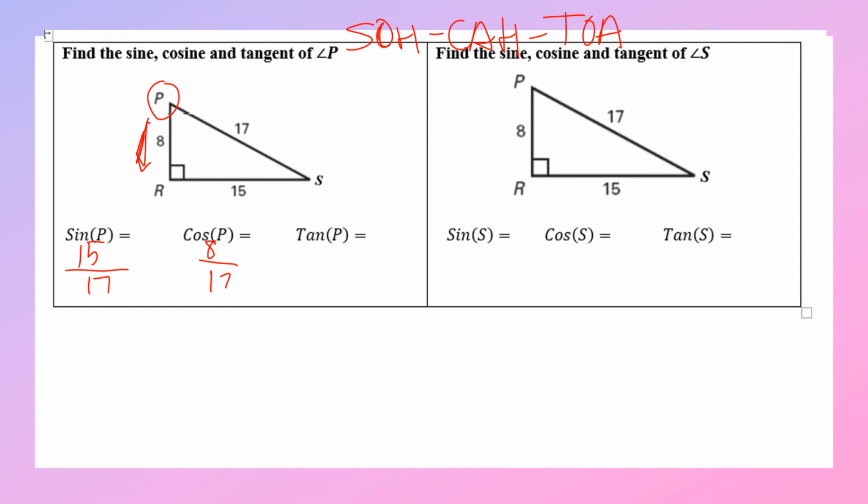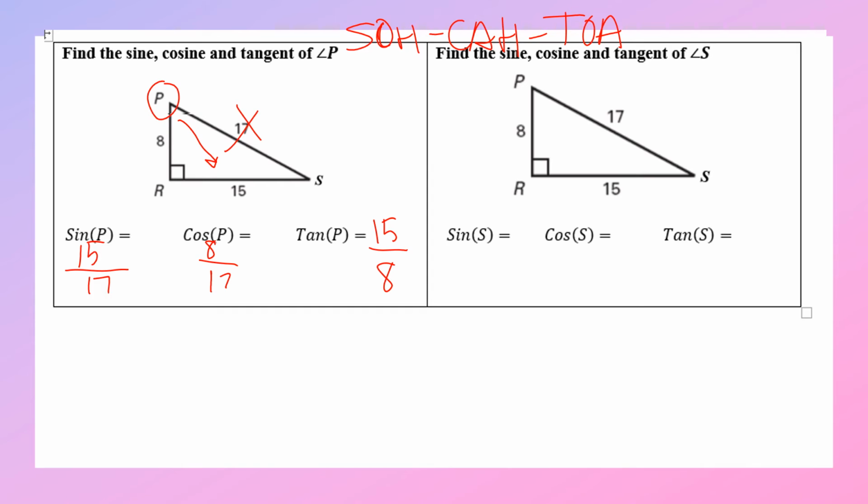Then the tangent, tangent is opposite over adjacent. So opposite from P would be 15. The adjacent one is 8 because the hypotenuse is always the longest side and 17 is the longest side. None of these you can reduce, so you're just going to leave it as it is.